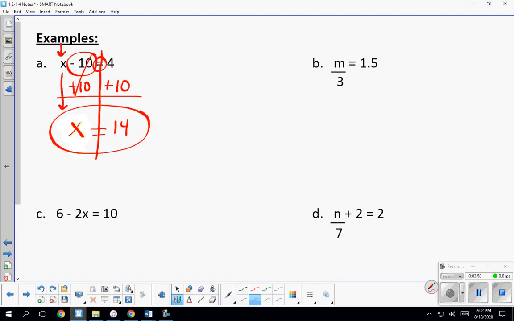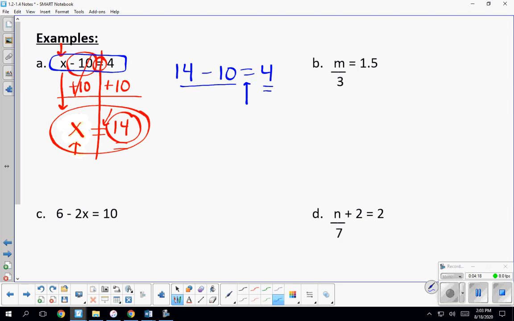The value of the variable x is 14. If I wanted to check my answer, I can substitute 14 in for x in my original equation, and I should have a true statement. 14 minus 10 should be the same as 4.